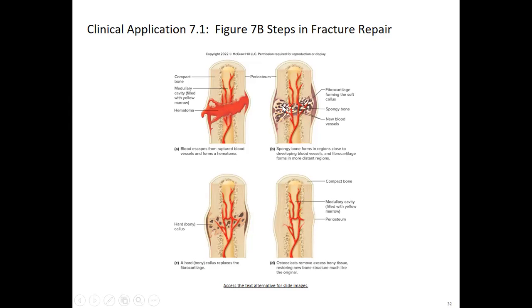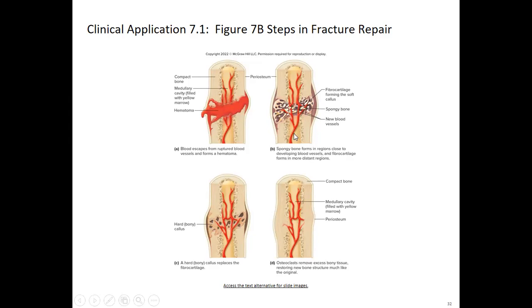So you have spongy bone developing where that blood clot was. While that's occurring, the new blood vessels are forming so that they are continuous on either side of the break, so that all parts of the bone can now continue to get a blood supply after the injury.